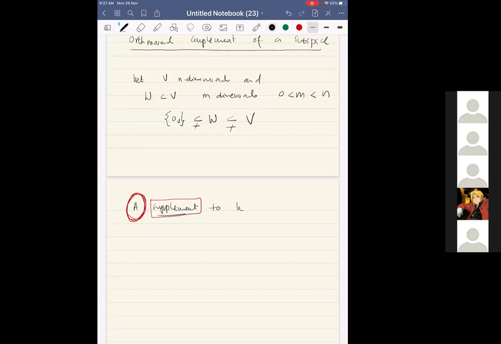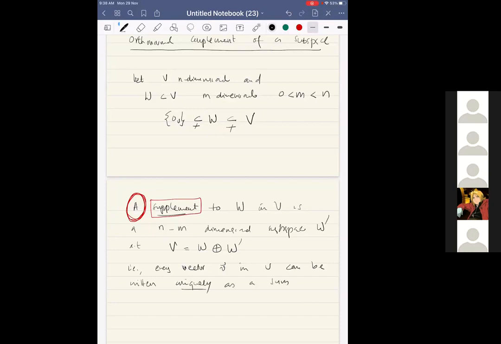A supplement to W in V is an n minus m dimensional subspace W prime such that V equals W direct sum W prime, i.e. every vector V in V can be written uniquely as a sum V equals W plus W prime, where W belongs to W and W prime belongs to W prime.